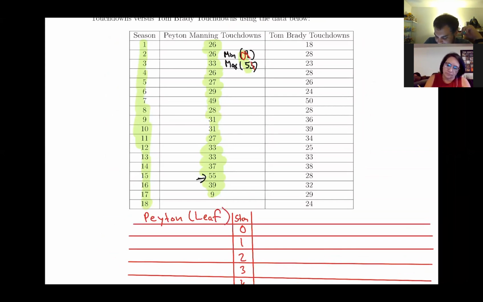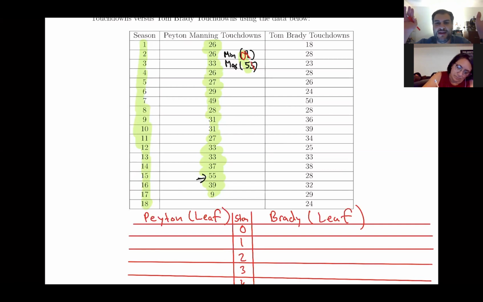And then this is Brady leaf. On the left-hand side, we're gonna put the data set for Peyton Manning. For the right-hand side, we're gonna put the data set for Brady. All right. Any questions so far? I set up the left side to be Peyton, the right side to be Brady.